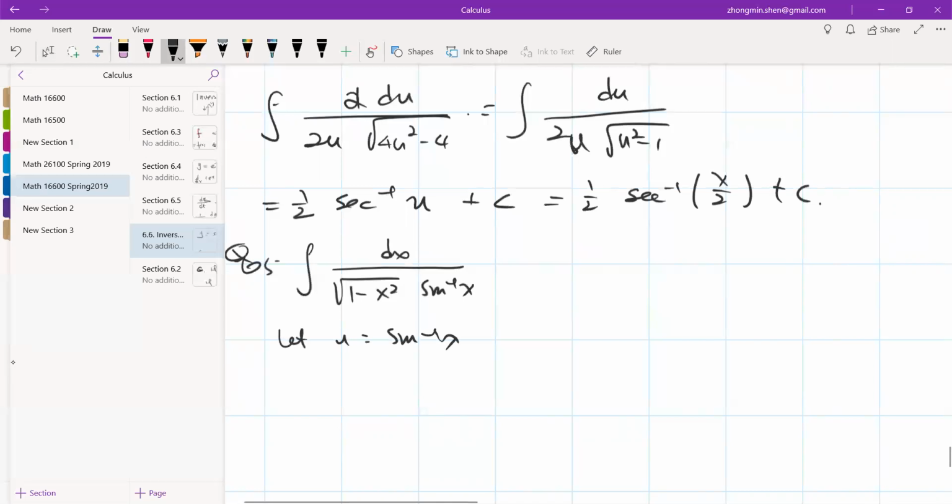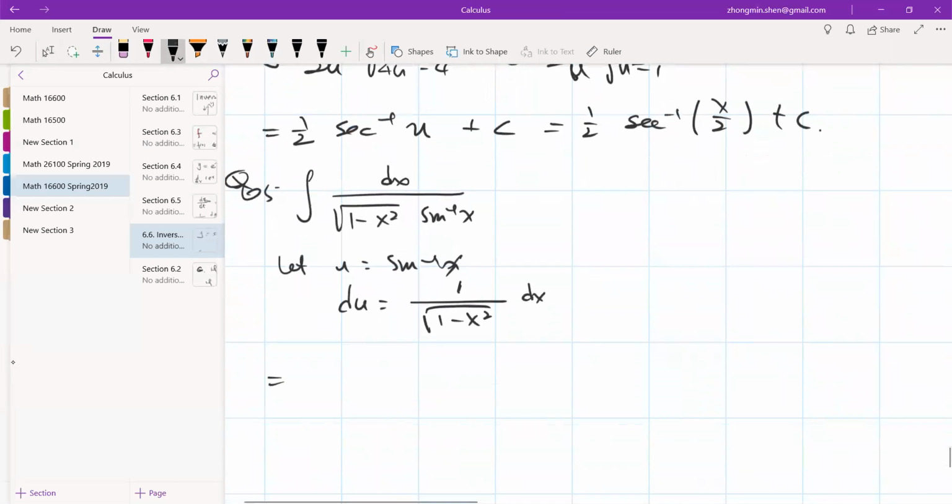Okay, so you let u be arcsine x, and then du equals this dx. So the derivative of arcsine x is going to be 1 over square root of 1 minus x squared. Okay, that's good.